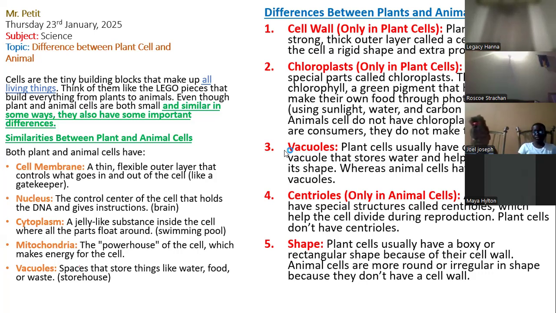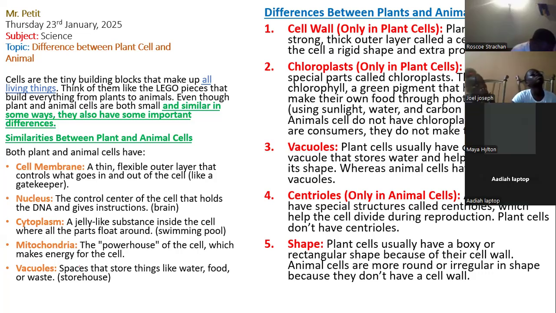Do plant cells have a large vacuole? No, sir. Read the third one. Plant cells usually have one large vacuole that stores water and helps the cell keep its shape.